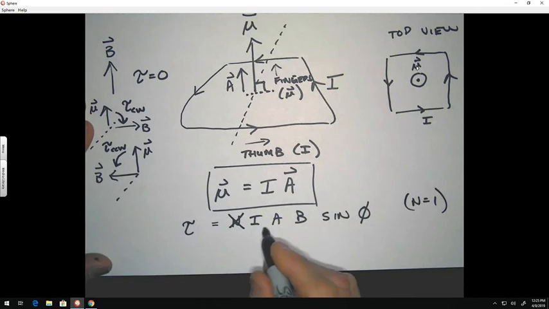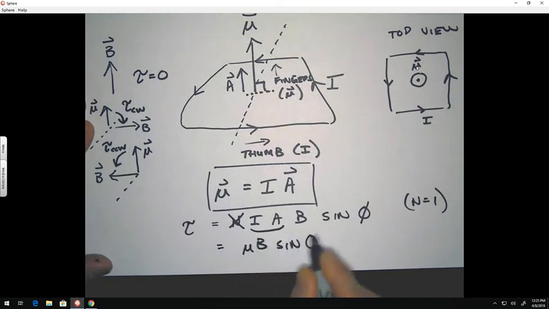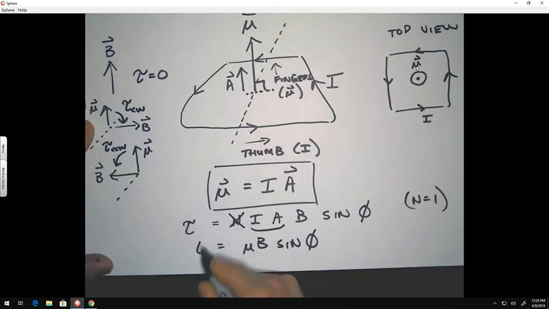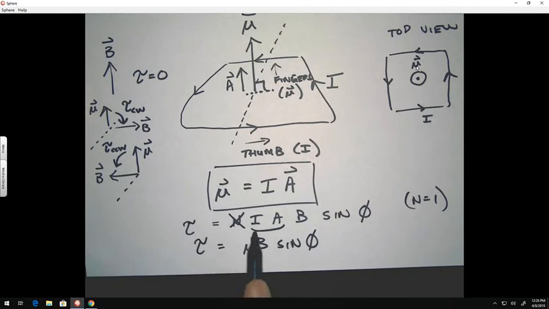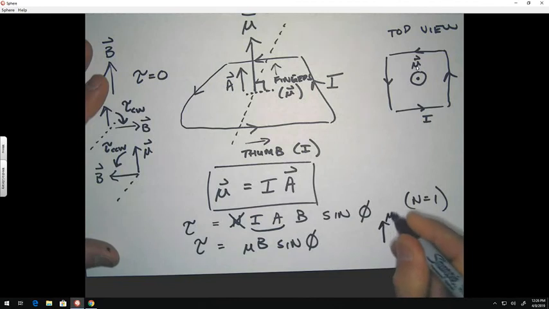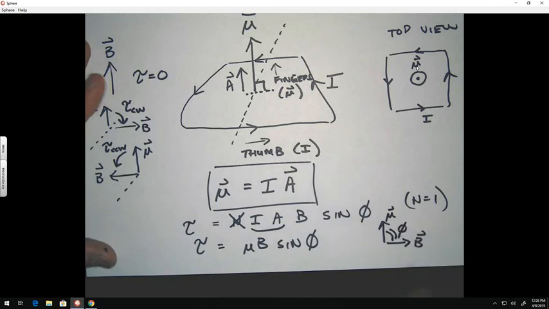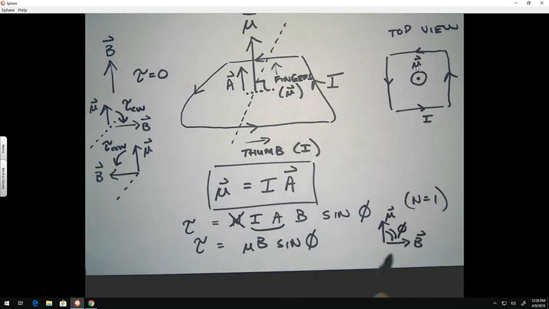But you can see that we can replace I times A with the dipole moment. And so the current times the area of the loop is now replaced with the dipole moment, at least the magnitude of it. So you multiply that times B, which is the field strength, times the sine of the angle between them. So this is mu, and this is B. The angle that we're talking about is the angle between those two things.